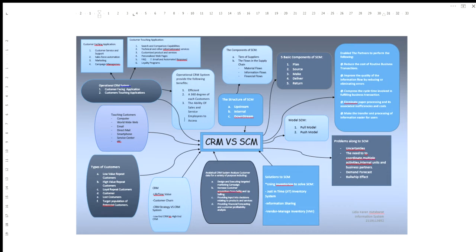First, let's talk about CRM. CRM stands for Customer Relationship Management. CRM is a management concept that is carried out continuously, over lifetime value, so that we can find out the level of customer churn.